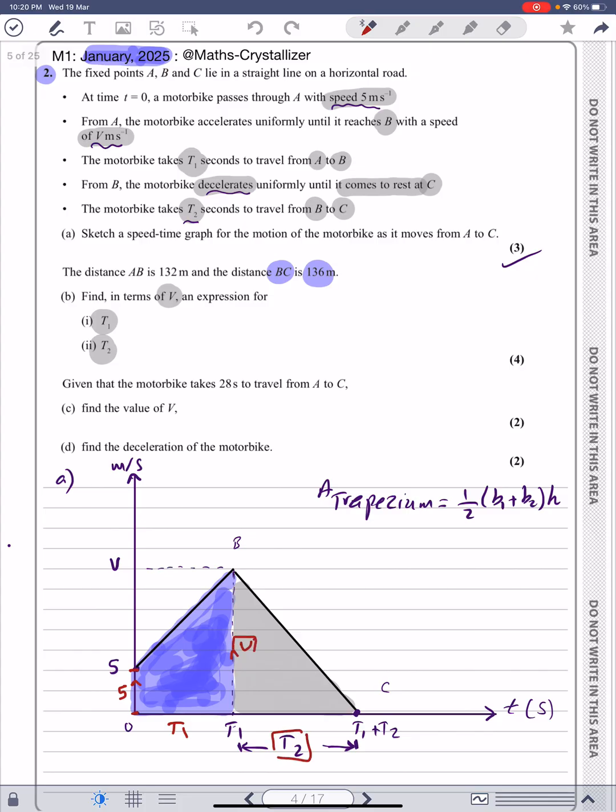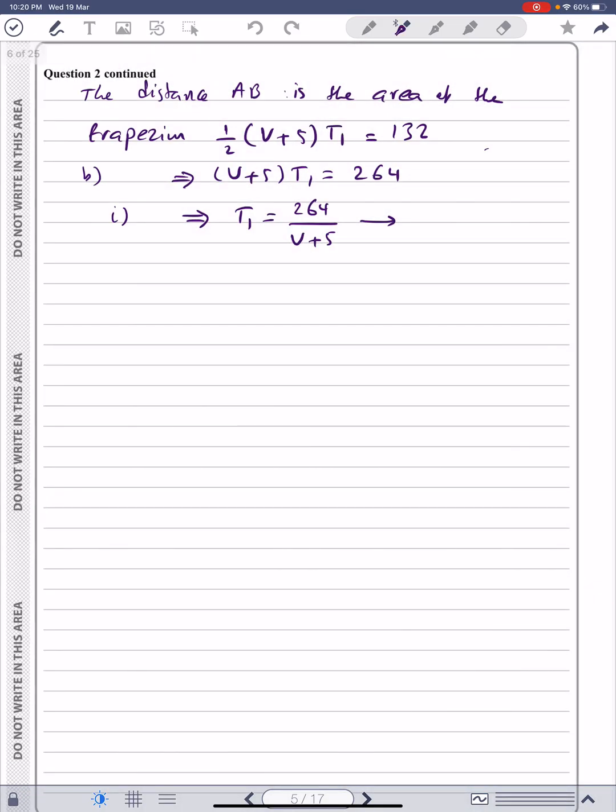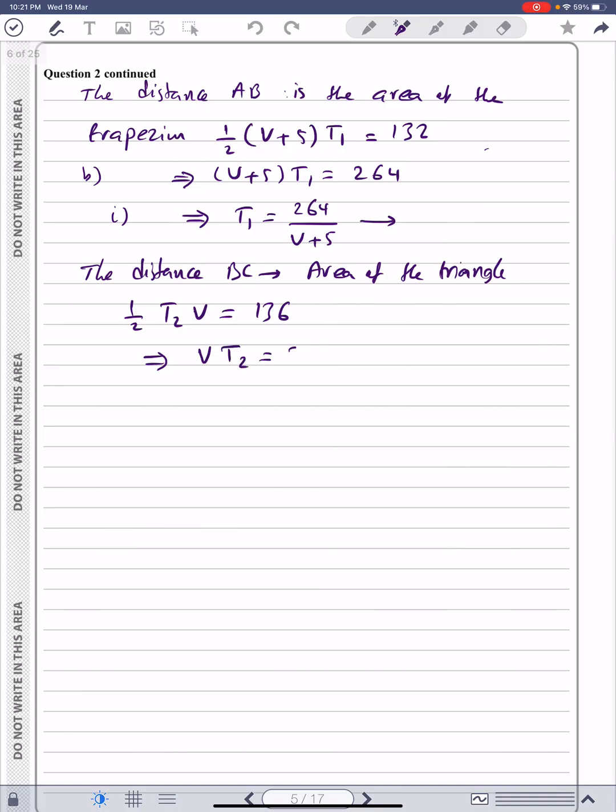The height is V. So the distance from B to C is the area of the triangle, which is half times T2 times V equals 136. So this gives VT2 equal to 272. So T2 equals 272 divided by V. This is part 1. This is part 2.